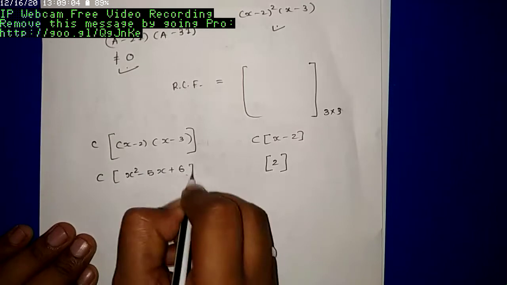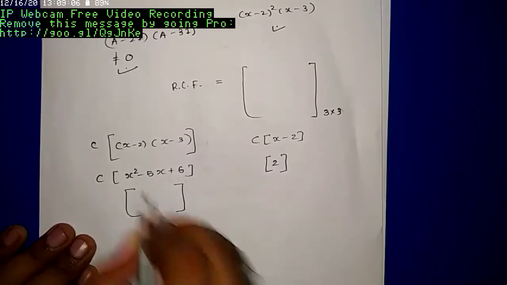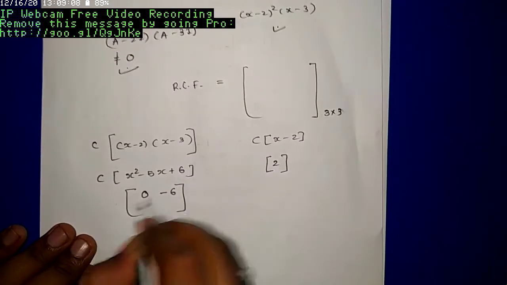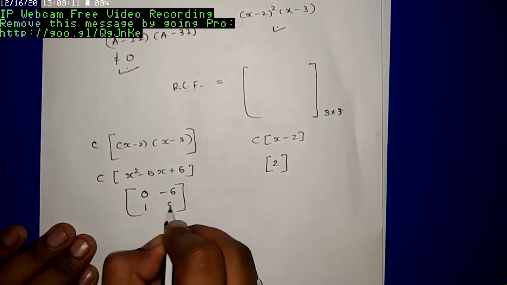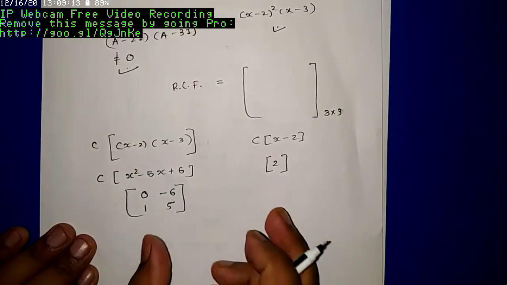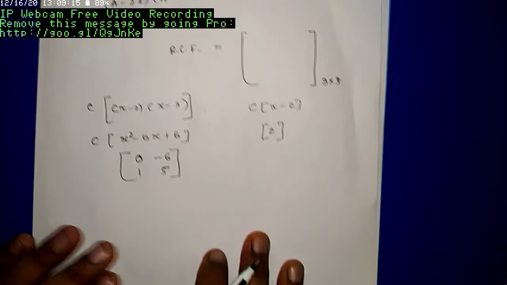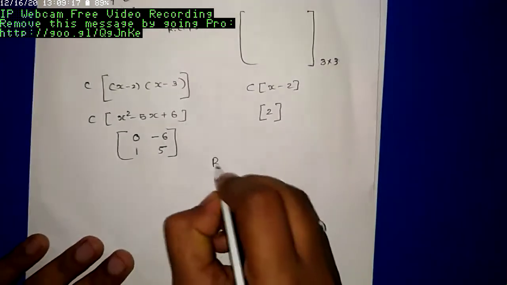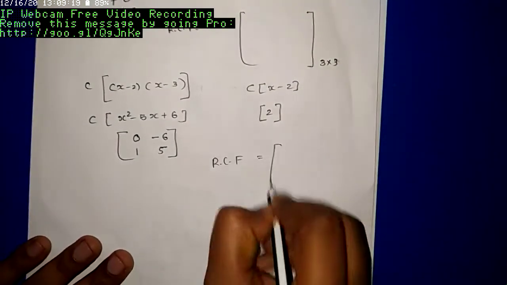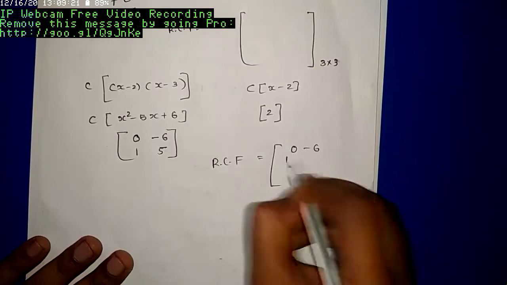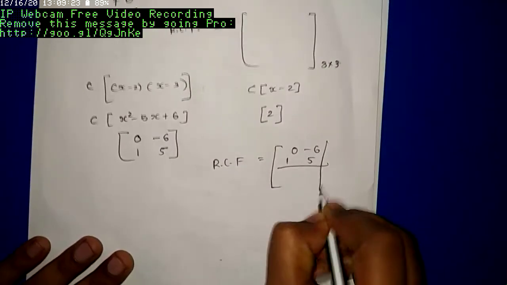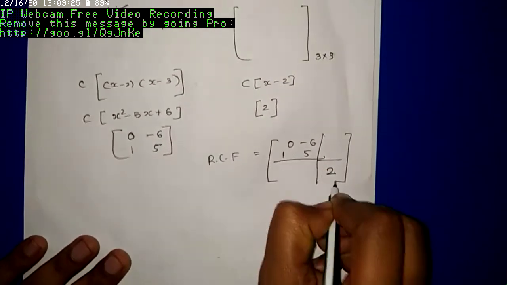So the companion matrix for this is 0 minus 6 and 1 plus 5. If we combine these two, we get the possible RCF: 0 minus 6, 1 5, and 2. This is your first block, and 2 is your second block.